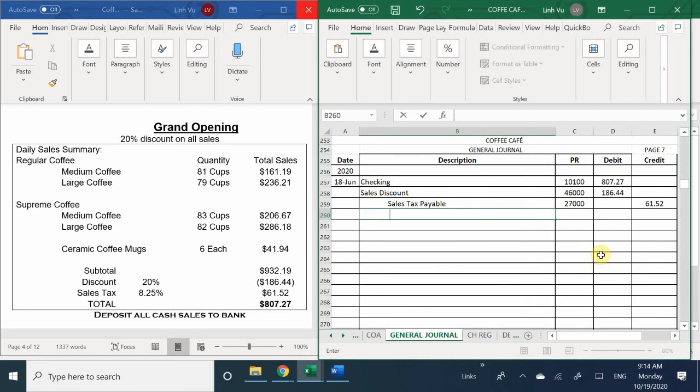Good. We need to itemize our sales. So here we need to put sales, medium, regular coffee. We need to also put in our sales, large, regular coffee.